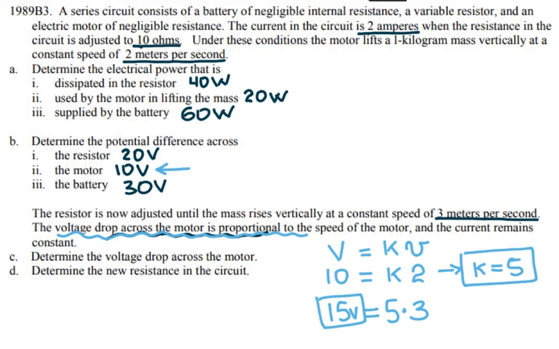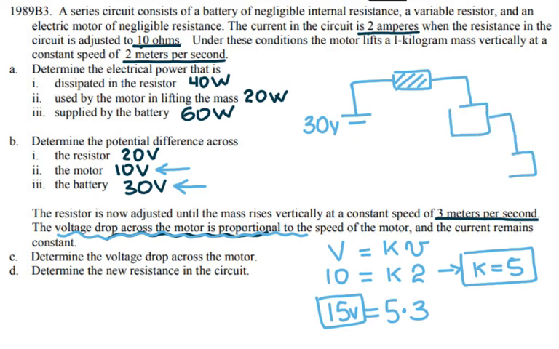The voltage provided by the battery is 30 volts, as we calculated earlier. The battery is still the same. It's the resistance that changed. The motor, which is lifting the mass, is still the same.